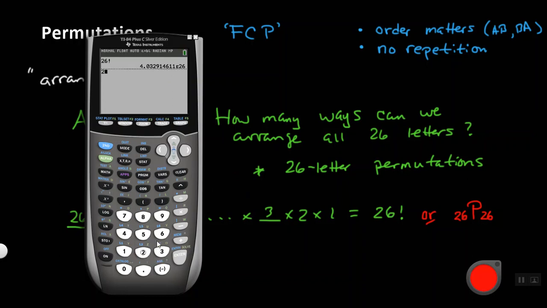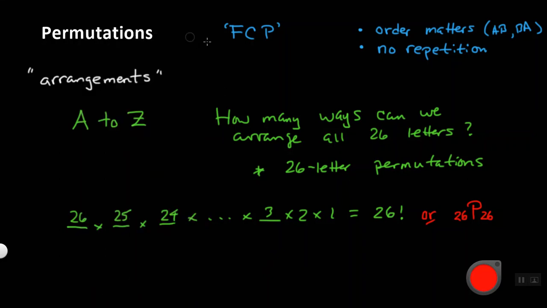Now if I want to use that P button, which represents permutation, you can see it there, number 2 in my submenu. Notice I had to type in the 26 first. So if I wanted to use all 26 letters and create a 26 letter permutation, remember, order matters and repetition's not allowed, we get exactly the same answer. So let's maybe close that down.